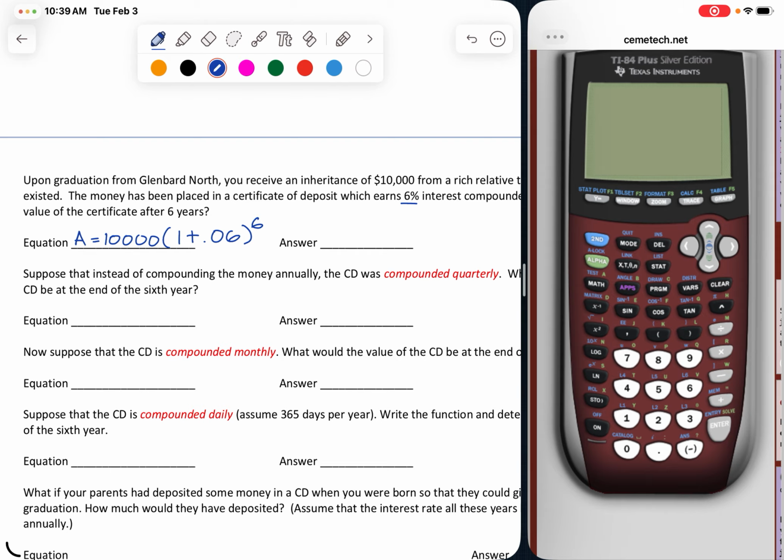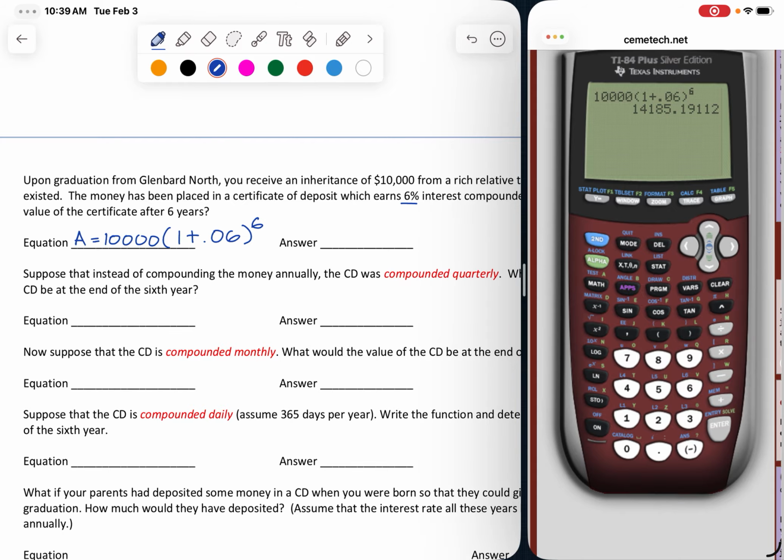All right, now we have to go ahead and put this into our calculator. So we are going to do 10,000. This one's easy to put in your calculator, parentheses. You could either add those two and write one number, but I'm not going to. I'm just going to write 1 plus 0.06, but you could have just written 1.06, because that's what 1 plus 0.06 is. And then to the 6th power, hit enter.